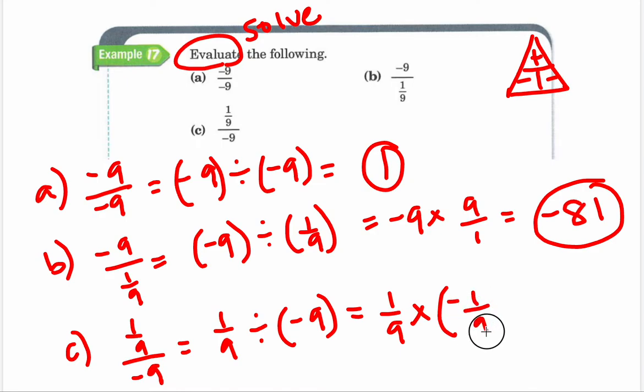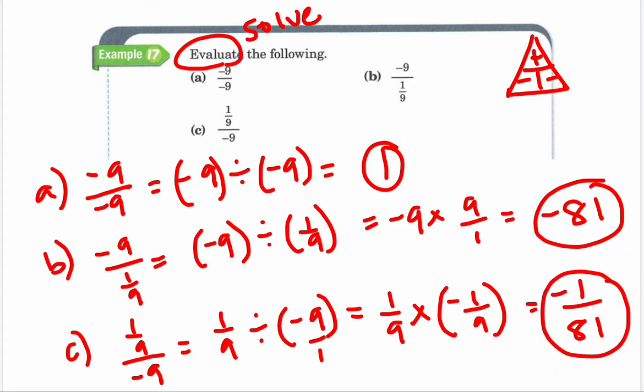Flip though, because there was a 1 on the bottom, so now the 1's going to go on top. All right, now this is a multiplication problem. I can multiply across, there's nothing to reduce anyways. 1 times 1 is 1. 9 times 9 is 81. Now there's a positive times a negative. Positive times negative is negative. So our answer is -1/81.